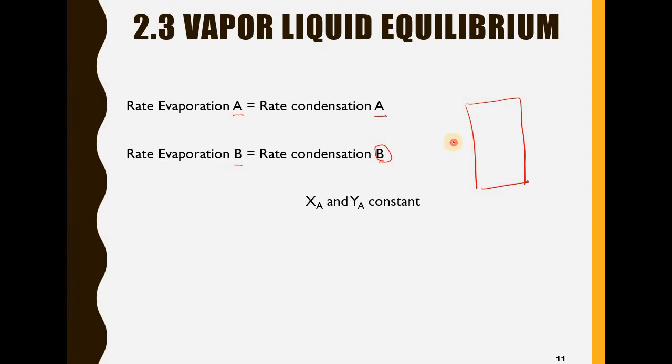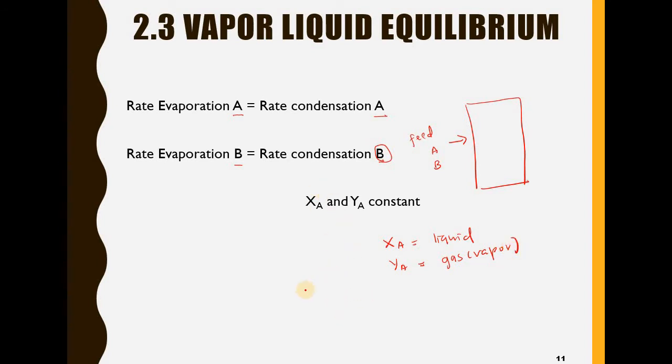Which means in the distillation column, component A and B will enter the column as a mixture in the feed. We denote the mole fraction for A in liquid form as XA. The mole fraction for component A in gas or vapor we denote as YA.